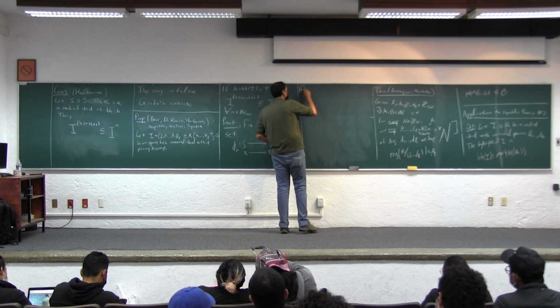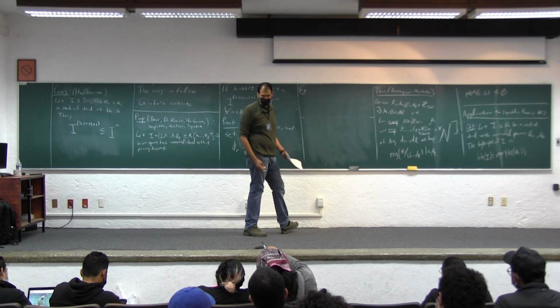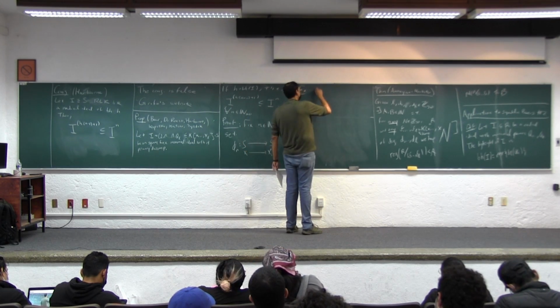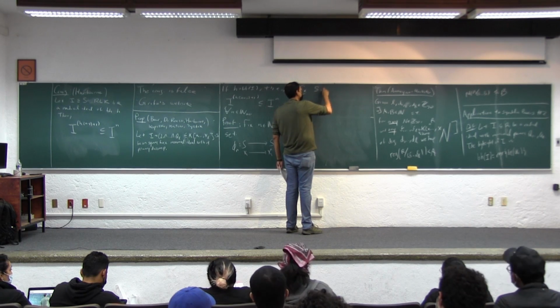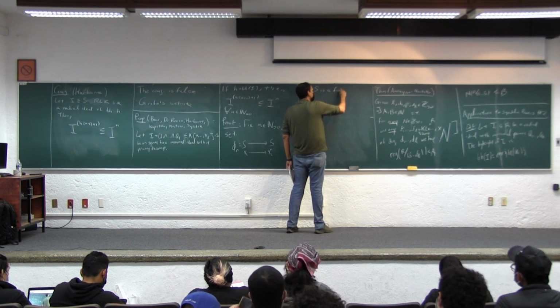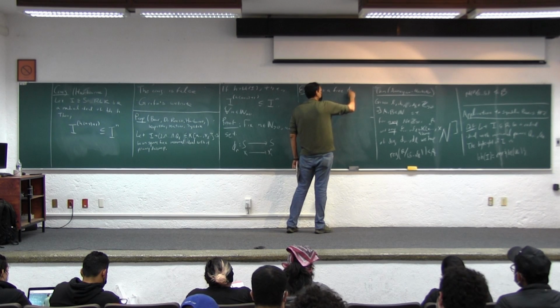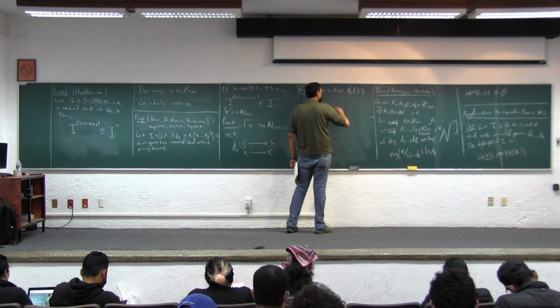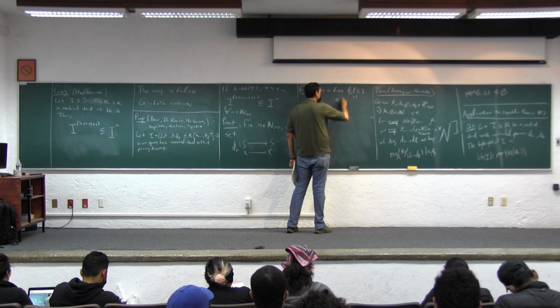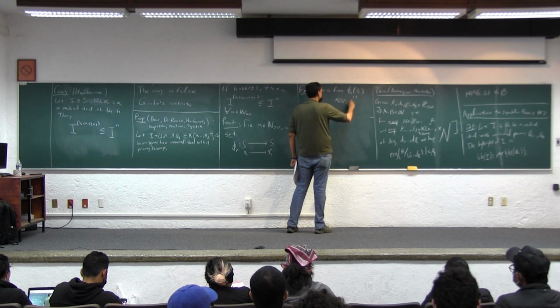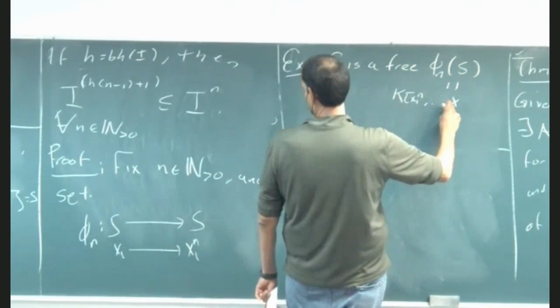So, exercise within the proof: S is a free module over the image of this map. What is this image? This is just k[x1^n, ..., xt^n].